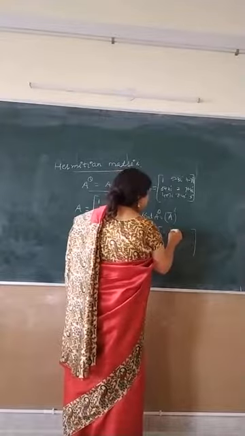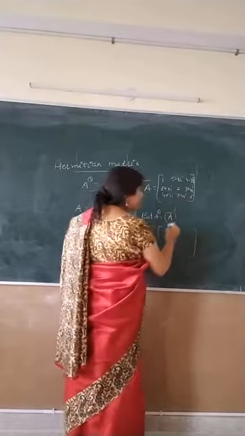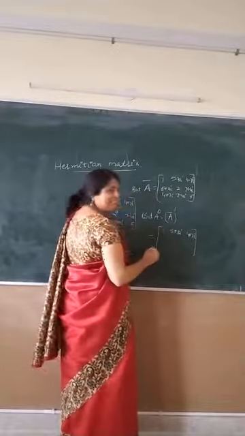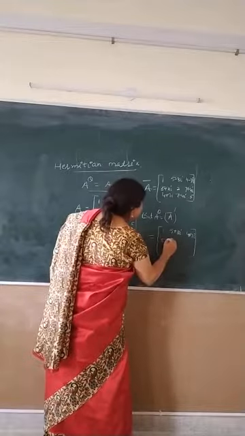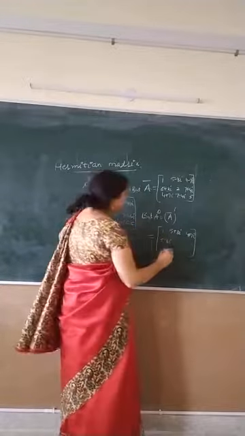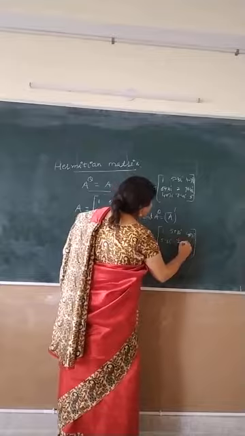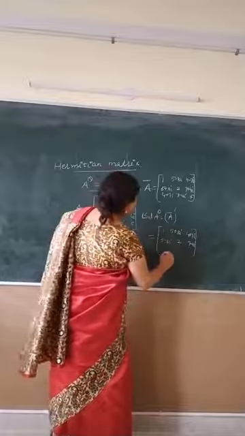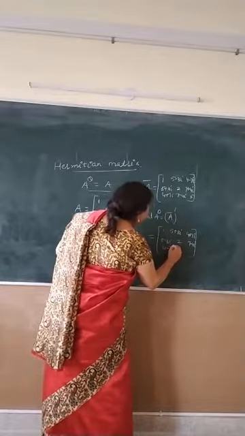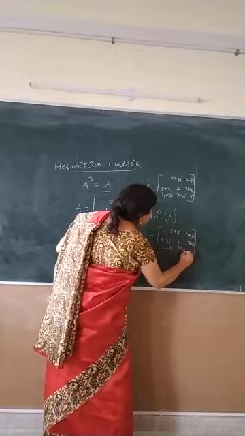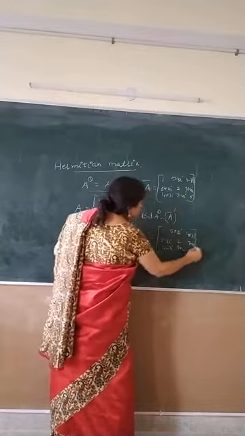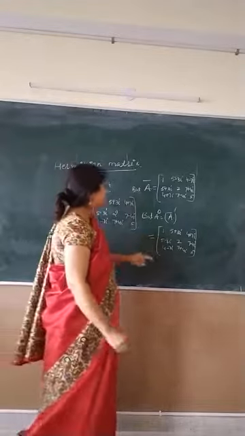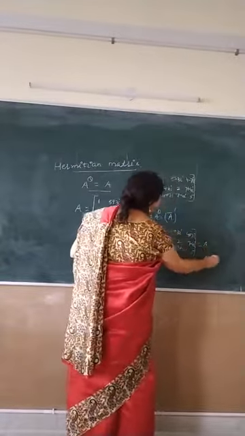Now, 5 plus 3 iota, students, this is 4 plus 7 iota. Right, students? This is 5 minus 3 iota. Right? This is 2. This is 7 minus 4 iota. And this is 4 minus 7 iota, 7 plus 4 iota. This row, column will become row. And see, students, you can check. This is equal to A.